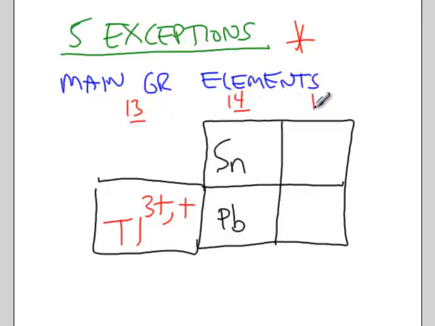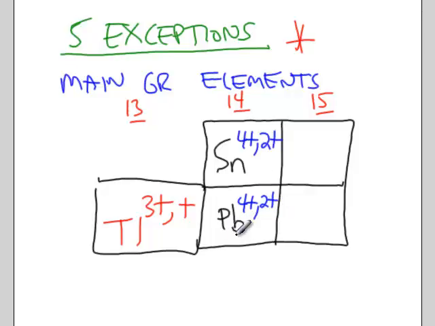Then we have group 14 and group 15. Tin and lead are both main group elements. They're on the metal side. And being group 14, we would predict that lead should be a positive 4 and tin should be a positive 4. Well, it turns out that each of those also form ions that have a positive 2 charge.